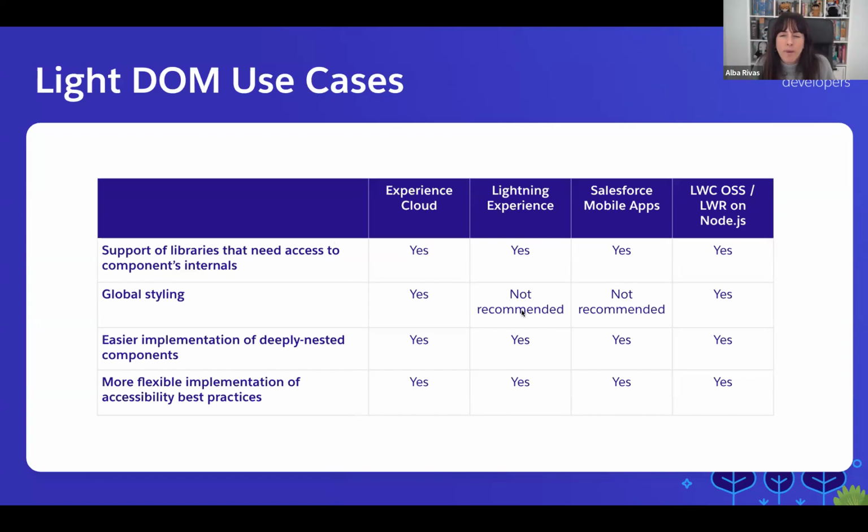But when you are building components in Lightning Experience and the Salesforce mobile app, remember that customers can modify those pages and include components that come from other vendors, correct? So in those cases, security is more important, and you may want to think twice before opening your components' styles.